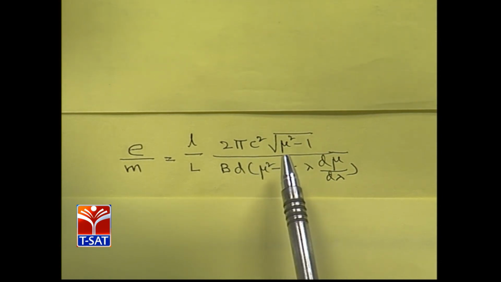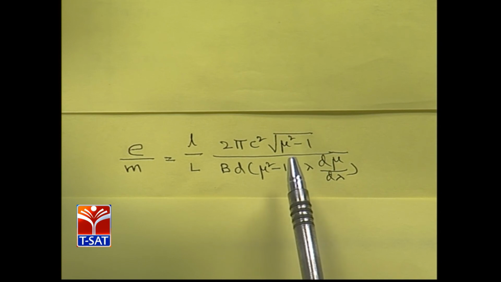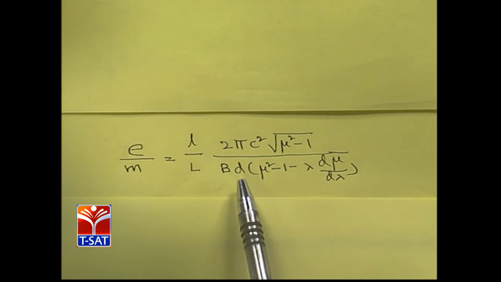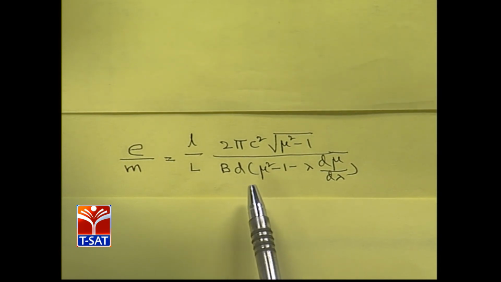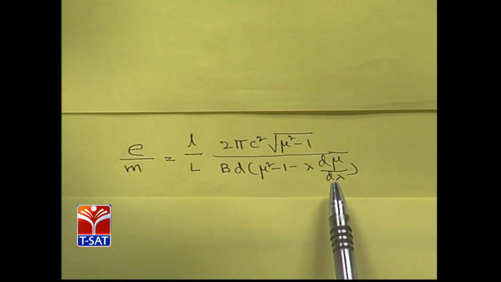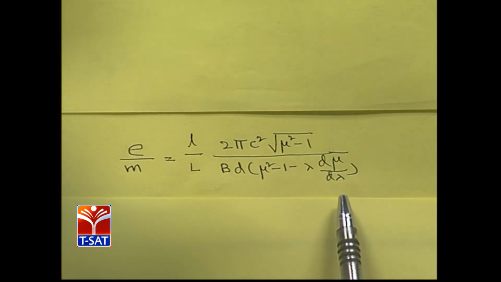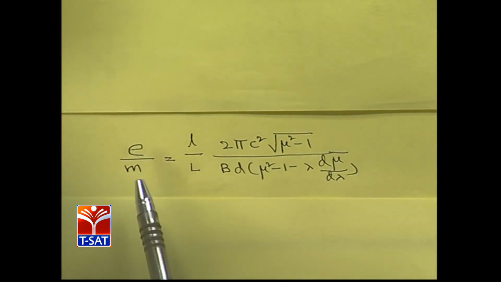Mu is the refractive index of the glass plate, which is a Lummer-Gehrcke plate. B is the magnetic field, for this particular arrangement 6000 Gauss has been applied. D is the thickness of the plate, which has been found to be 0.362 centimeters. Lambda has been found to be 5870, and d mu by d lambda is the dispersive power of that particular plate. Using all these things, we can calculate e by m.